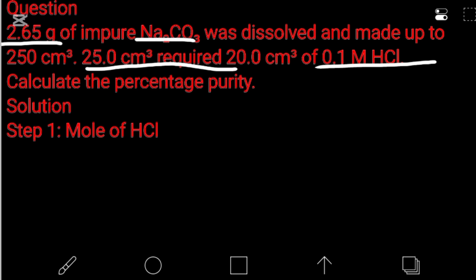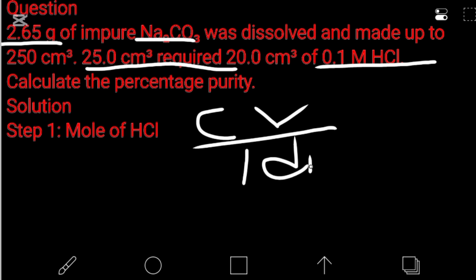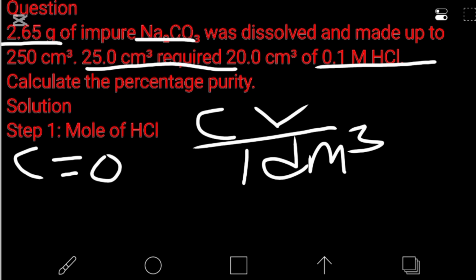So the first step we are going to look at is step 1, to calculate the mole of hydrogen chloride. The formula to calculate the mole of hydrogen chloride is CV all over 1 dm cube. So the value of C in this formula is equal to 0.1 mole.